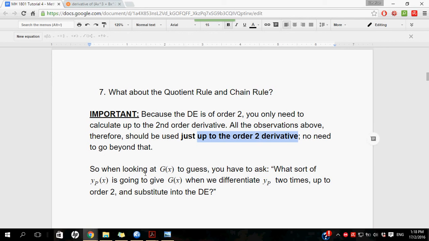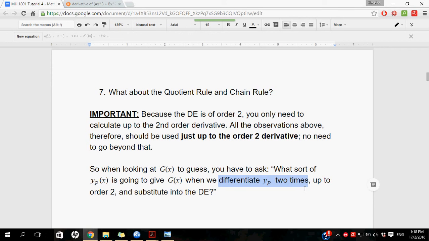And when we are looking at g of x, in order to construct yp, we should be asking the question, how should yp be constructed in order to give g of x when we differentiate yp 2 times, up to order 2, and substitute back into our differential equation?